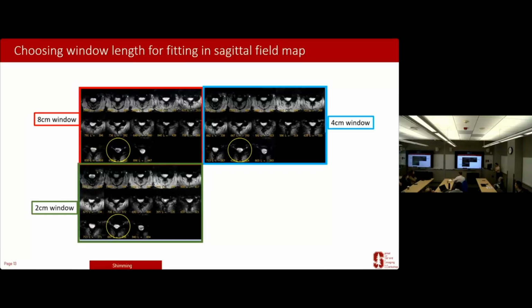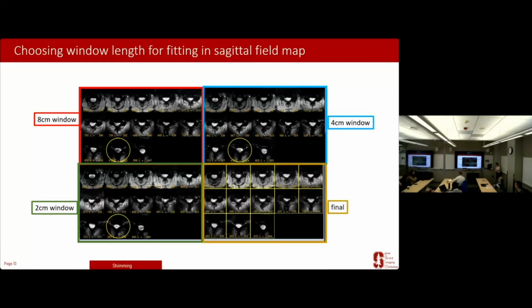Using a 2 centimeter window, you get most of the in-plane signal loss recovered. So our pipeline now is to use different window lengths, run the calculation, collect a set of test images, and we pick and choose the best slices.